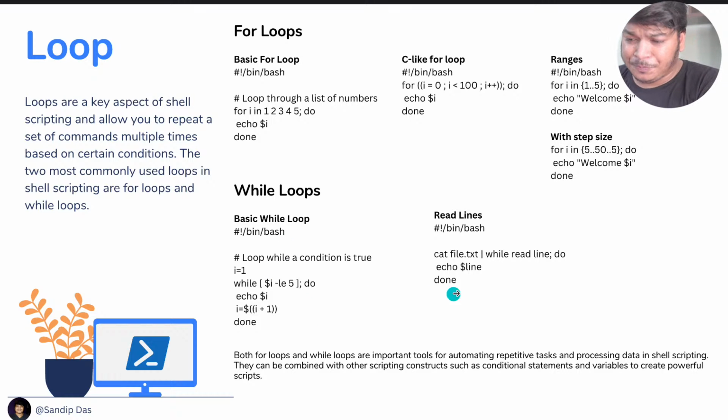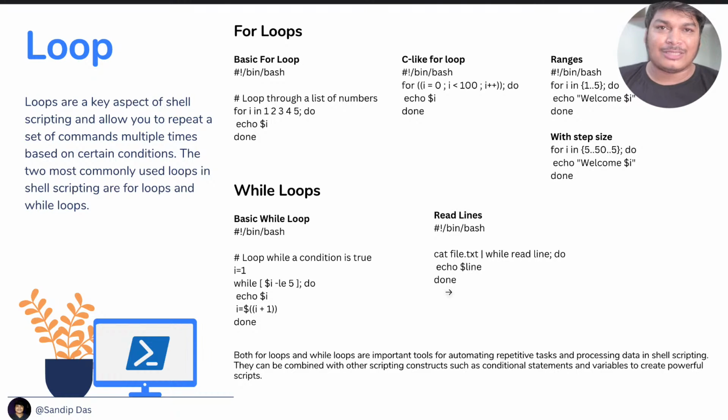Okay. So here is one very good example I want to mention here. Read lines part. See, when reading a file, okay, if you have a file of say 100 lines, this is a very good example of this pipe sign. You remember when we are getting the output of a particular command and reusing that as the input of another command. So here we can do very innovative stuff.